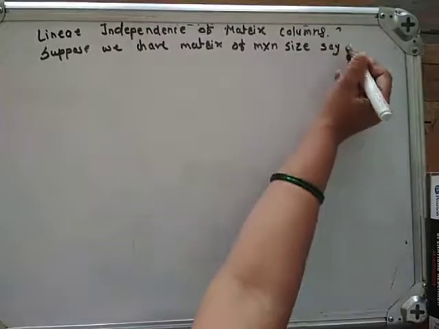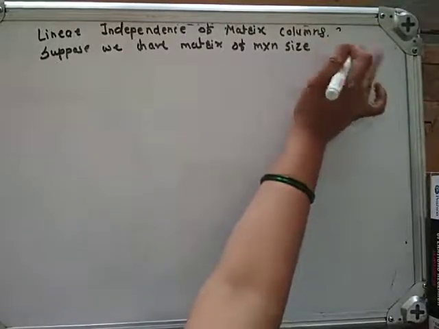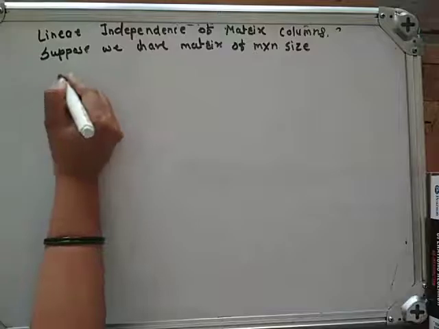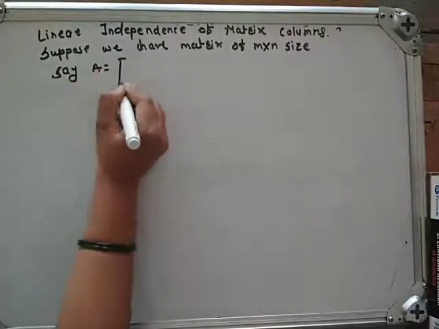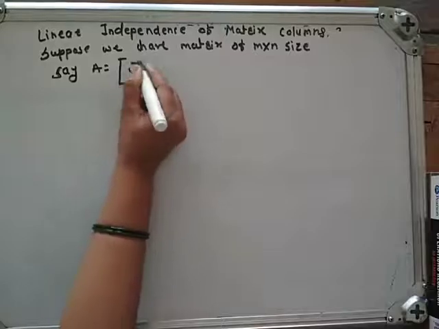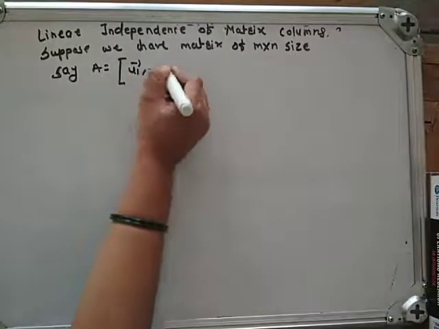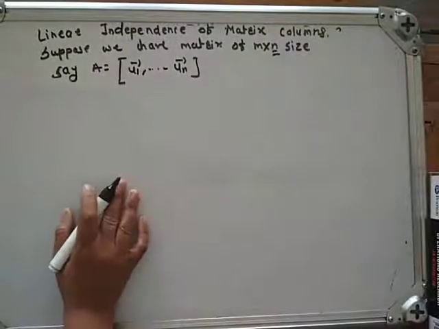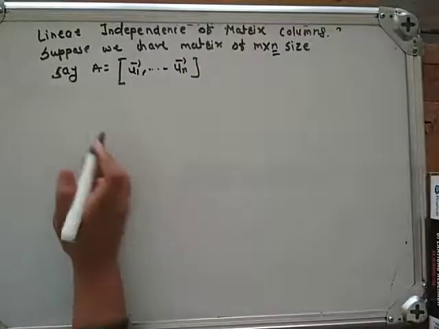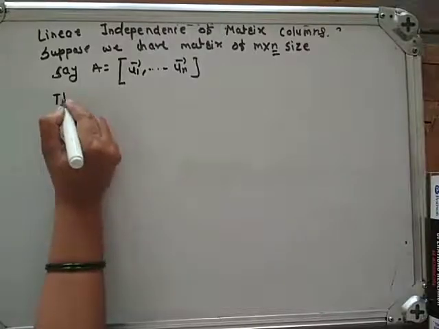Say A is equal to u1 bar and so on up to un bar, because the number of columns is n.